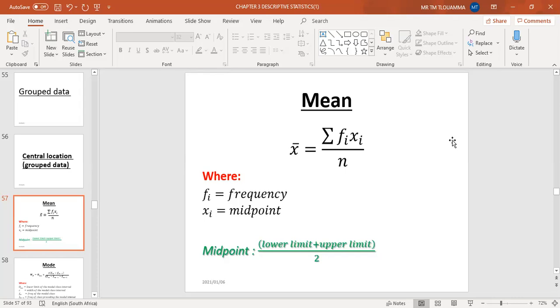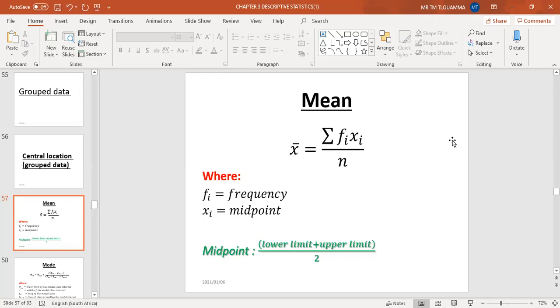At the end, you add all those midpoints and also your frequencies, and write the total. Let's say the total for the frequencies you get is 20.